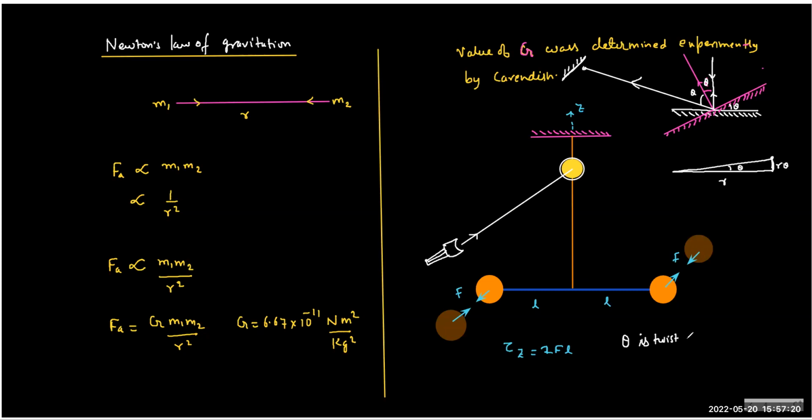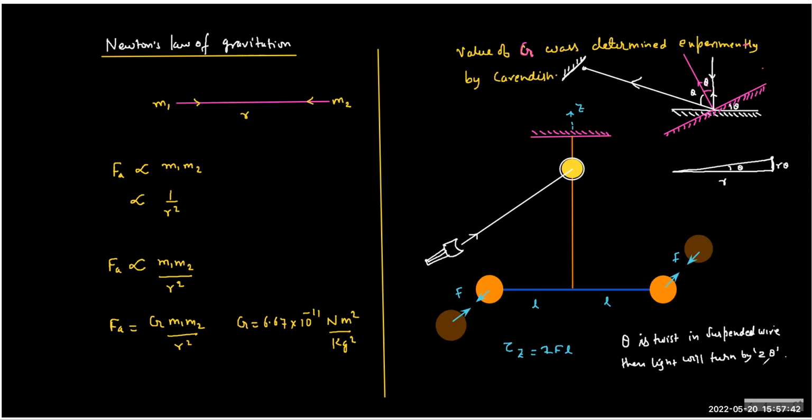So if theta is the twist in the suspended wire, then light will turn by 2 theta.